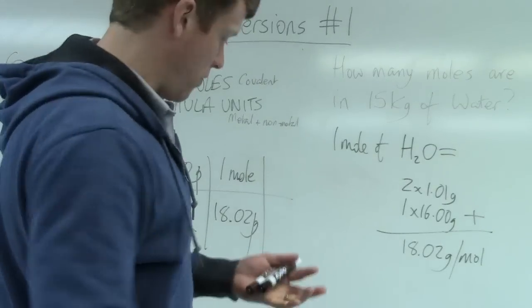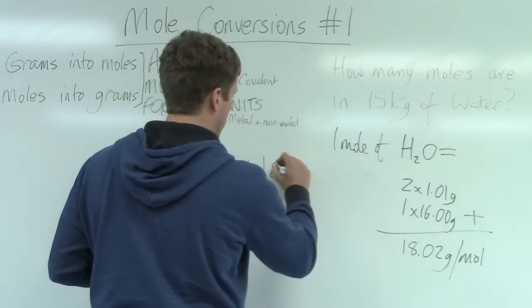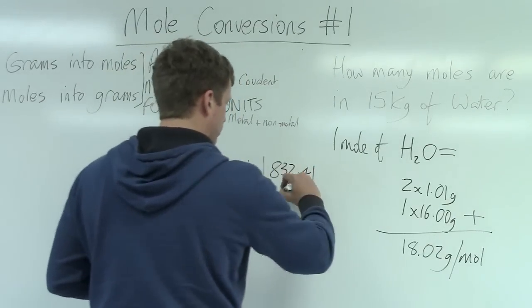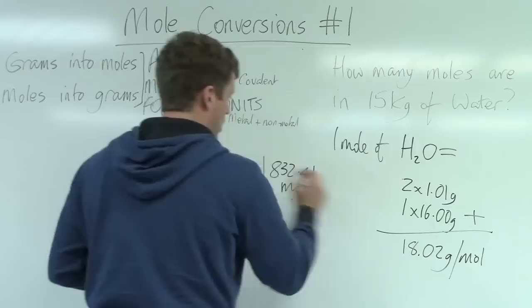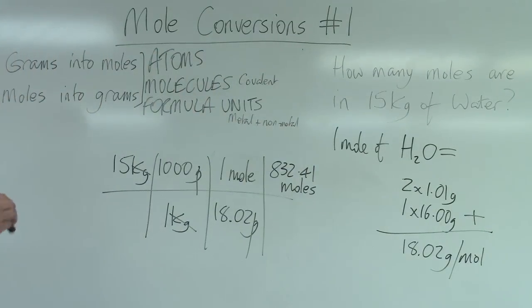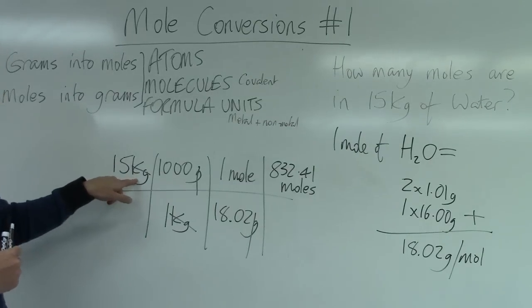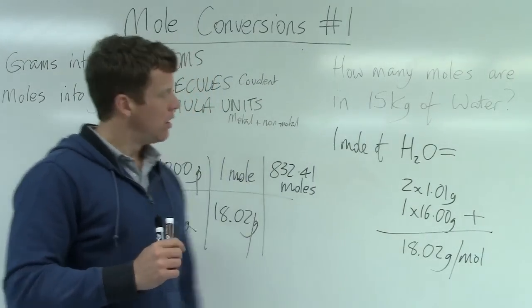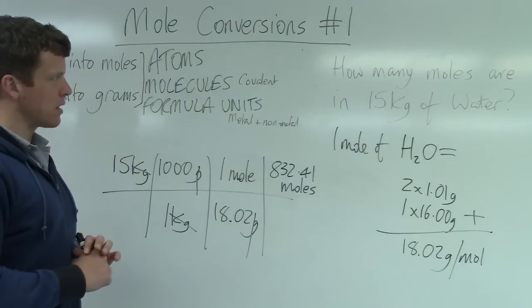So 832.41. And that's going to be moles. So that's a big number, but really if you think that this would be 15,000 grams and 1 mole of water is going to be 18 grams per mole, so the values make sense there.